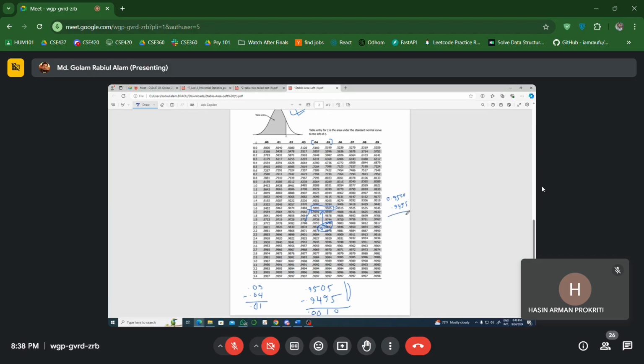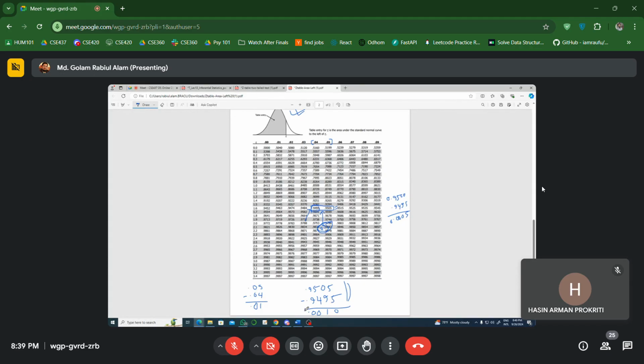So the difference between this value and this value is 0.0005.